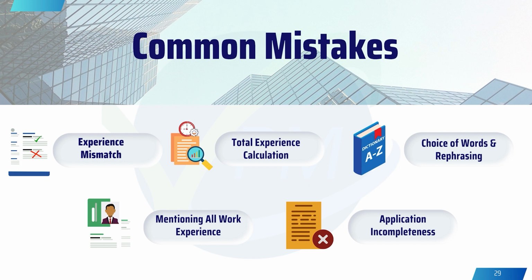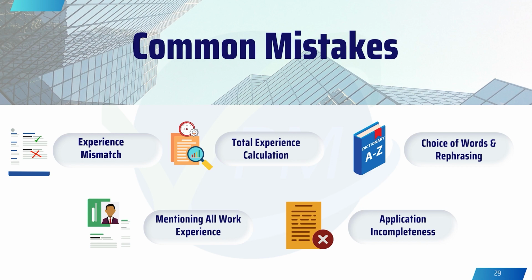That's it. And what else? Application incompleteness. Sometimes we don't write everything, or sometimes there are only 2 lines in the program description. From your point of view, it's done, but PMI likes to see around 350, 400, 500 words. Same thing with your 5 questions. They like to see an essay of about 400, 500 words.